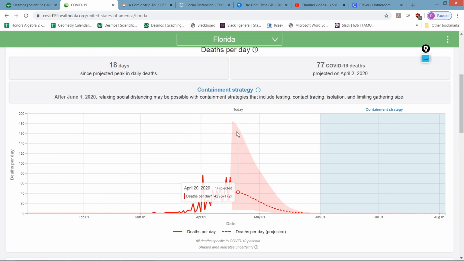So this part right here with the big pinkish block, that's projections for the future. It's numbers we don't know. And then the thick red line is numbers we have, okay? So as they figure out the actual numbers, they replace the shaded part with these numbers. And the shaded part represents what we call a confidence interval in statistics.